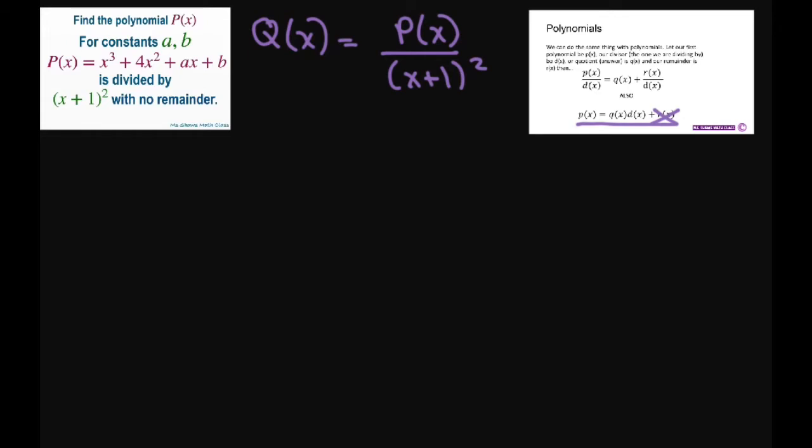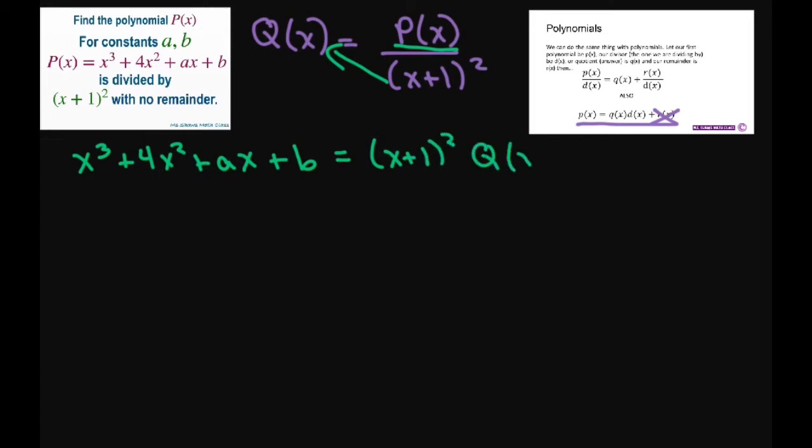If we cross multiply, our p of x is x cubed plus 4x squared plus ax plus b, and this is going to equal x plus 1 squared times our q of x.